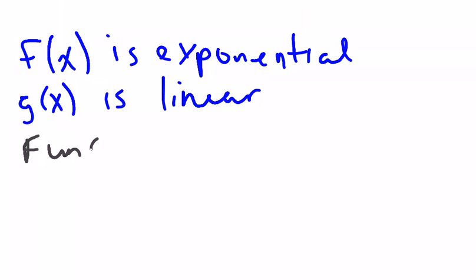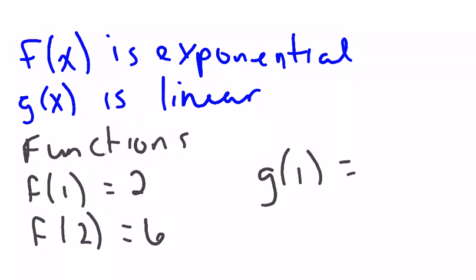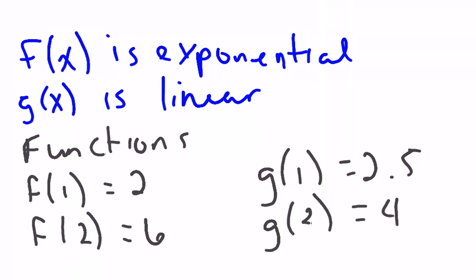So the functions have these values. So f of 1 equals 2, f of 2 equals 6, g of 1 equals 2.5, g of 2 equals 4.